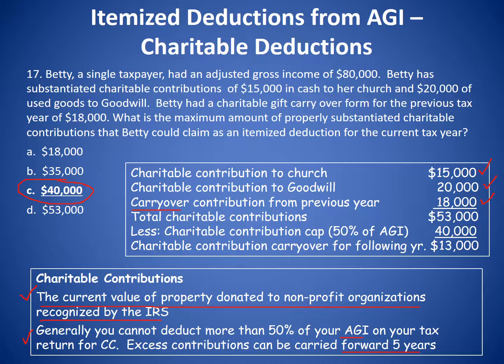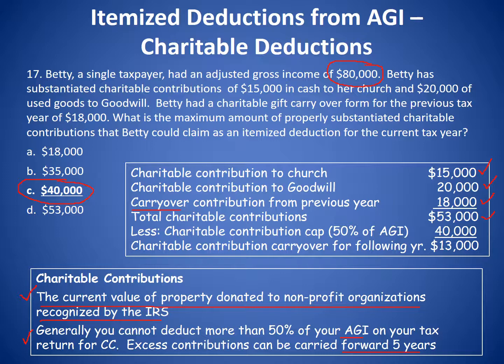So now we take a look and we go back up to our chart here, our schedule, and we notice we have $18,000 of contributions from the previous year. So now we can add up all of our charitable contributions for the current year, and that totals to $53,000. But now that is subject to our cap, 50% of AGI, and Betty's adjusted gross income is $80,000.